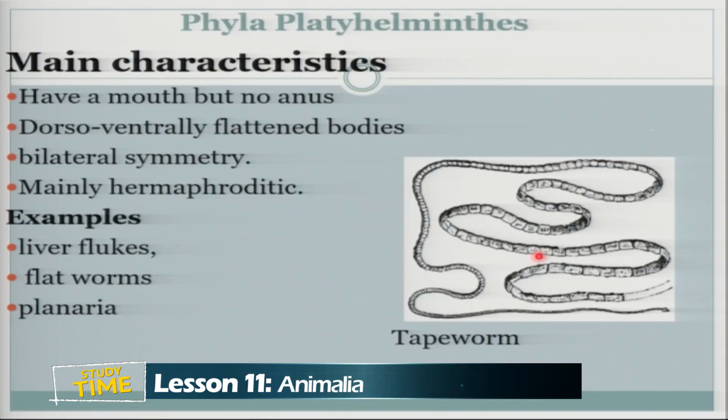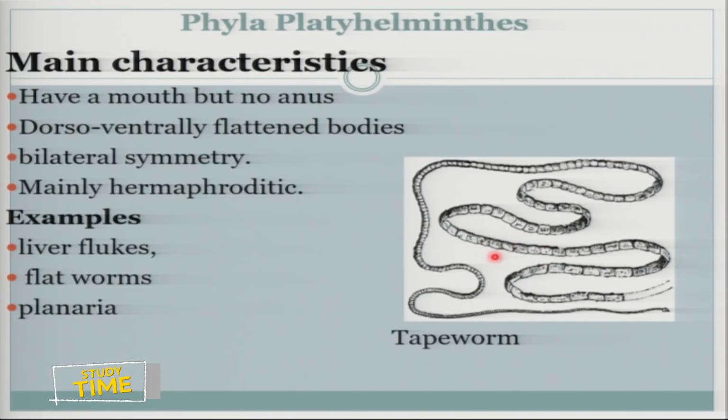So you have to understand the characteristics of this. They have no anus, they have the mouth, a flat body that can be divided into two. They have both sexes, the male and female. So they decide today, you are the one to become a male, you are the one to play the role of the female. So they are very funny organisms, all right?